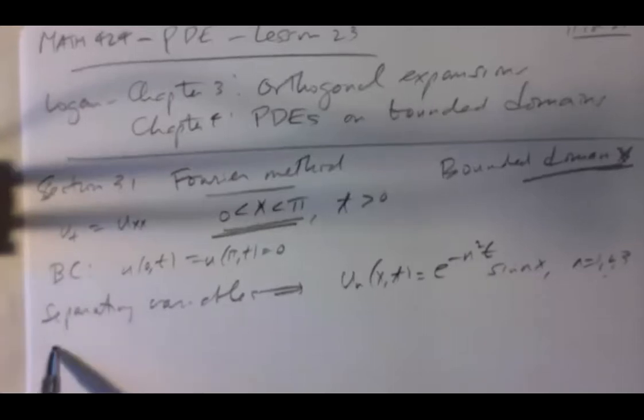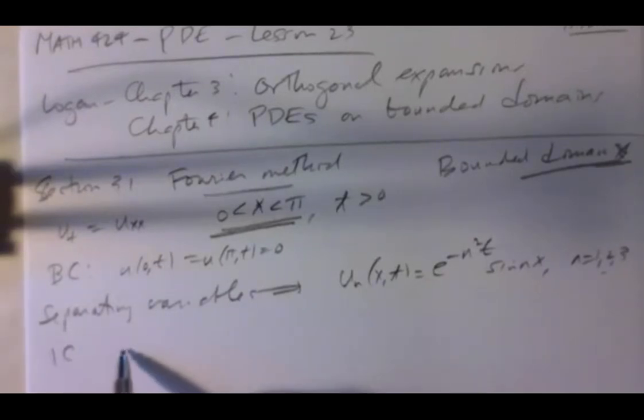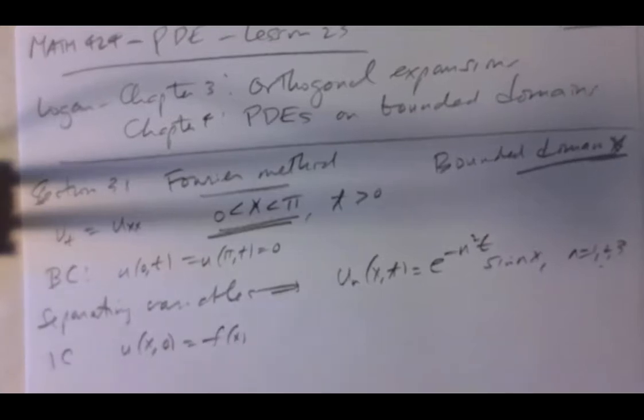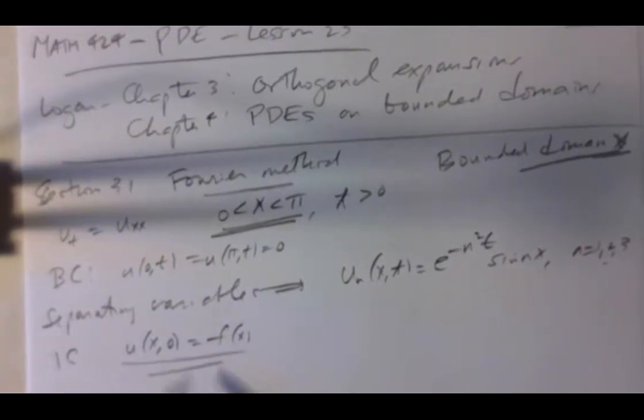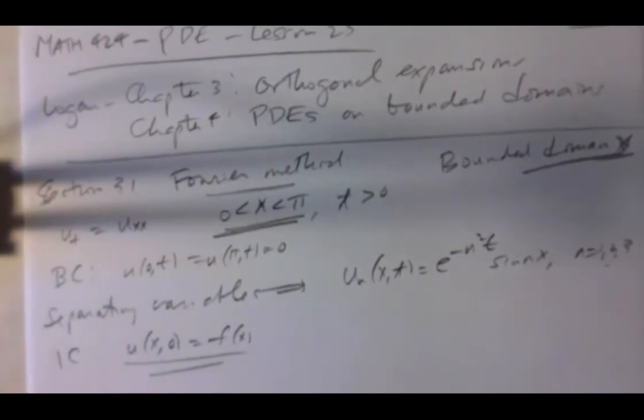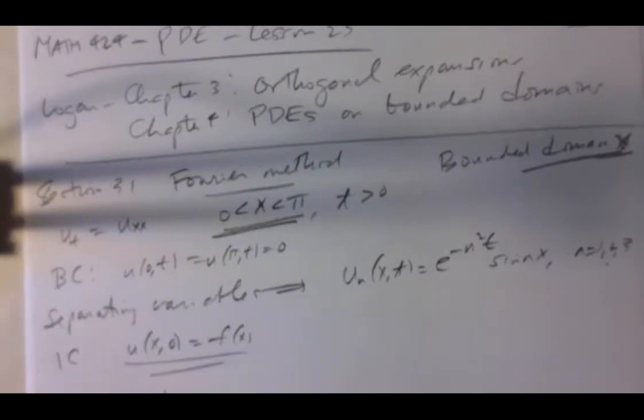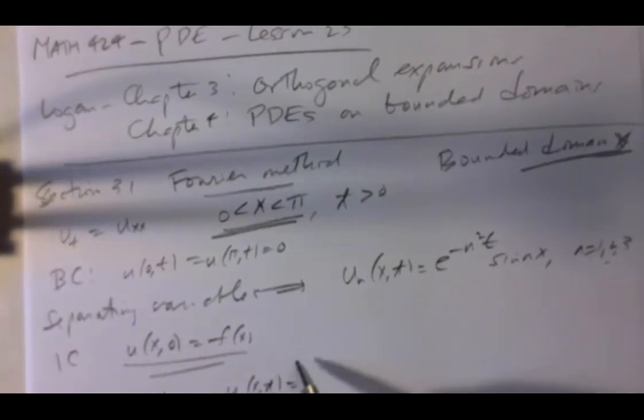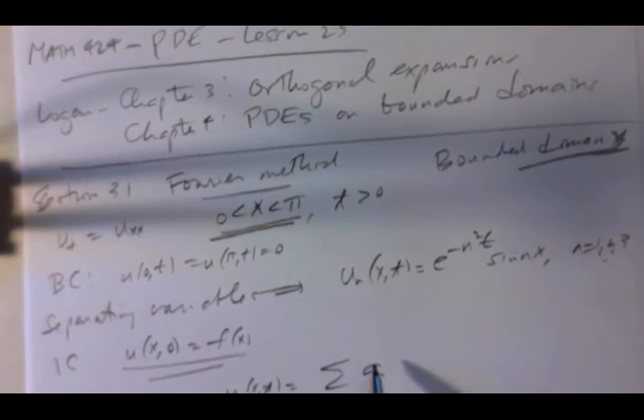But we also usually have an initial condition. That is, at time 0, u of x at time 0 is some function of x. And we want to know, can we also satisfy the initial condition with these functions? And Fourier's idea is you can write u of x,t as some linear combination of these basic functions.